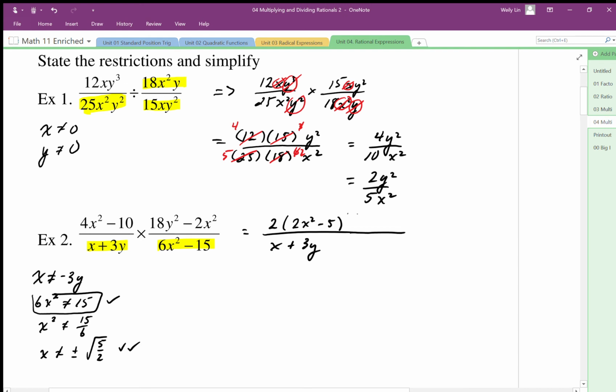Here we're going to end up with factoring out the 2, and we end up with 9y squared minus x squared. Well, that is a difference of squares, so we have to remember to factor that. Remember to put these in brackets because that represents a factor, and I'm going to factor out my common factor of 3, and I end up with 2x squared minus 5.